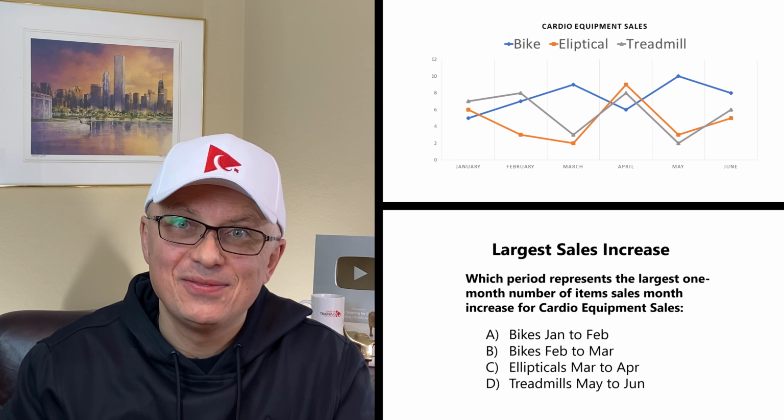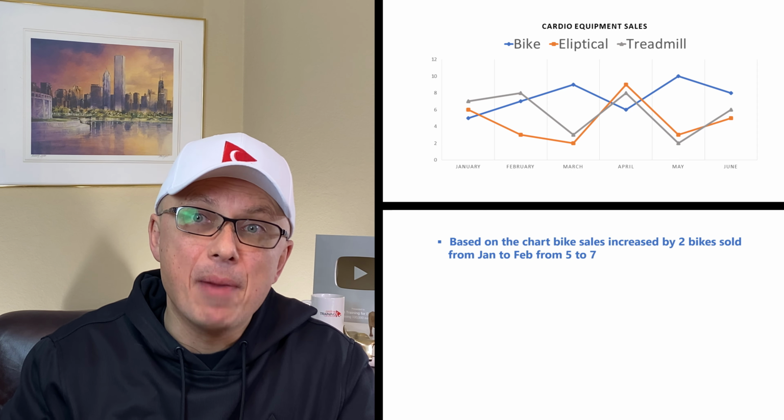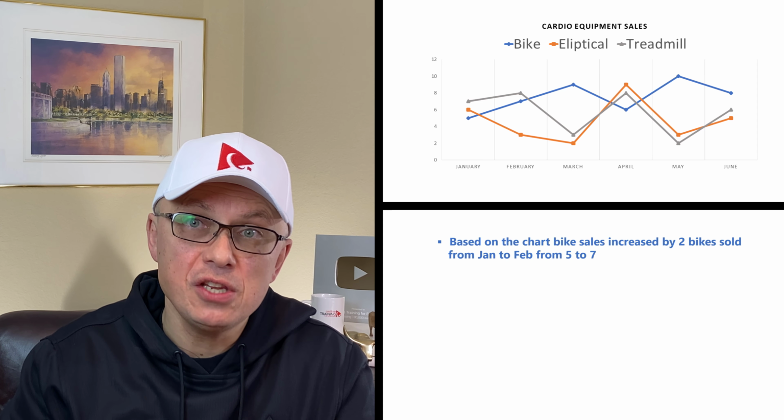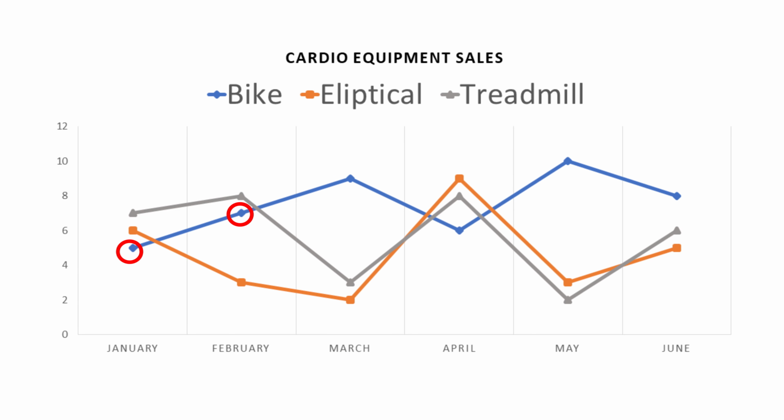Let's do it together. Based on the chart, bike sales increased by 2 from January to February, and the increase was from 5 to 7 items sold. Bike sales also increased by 2, from 7 to 9, between February and March. Elliptical sales, on the other hand, increased by 7 from March to April, jumping from 2 to 9.